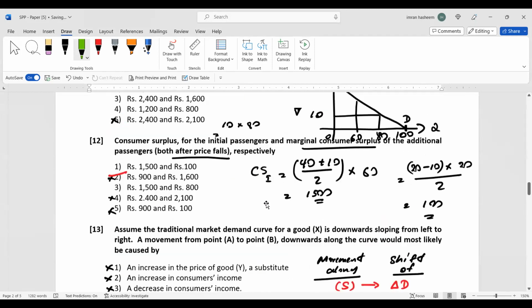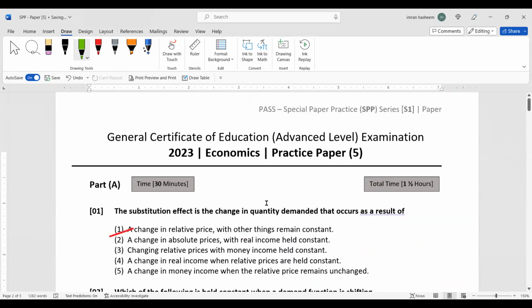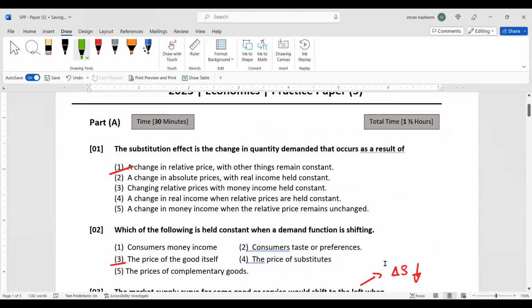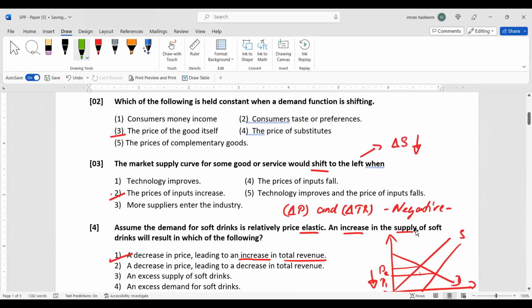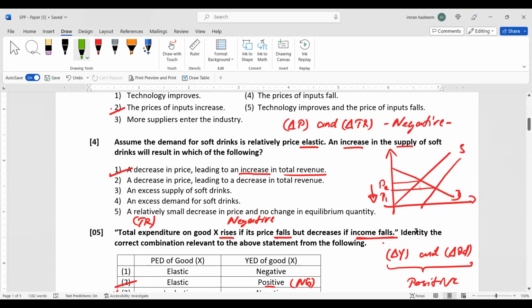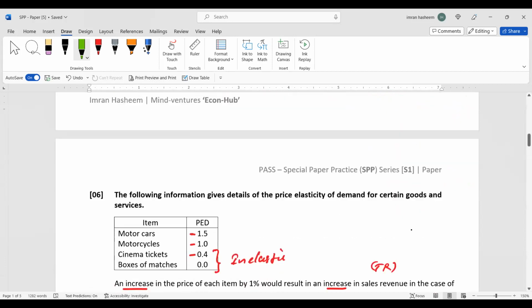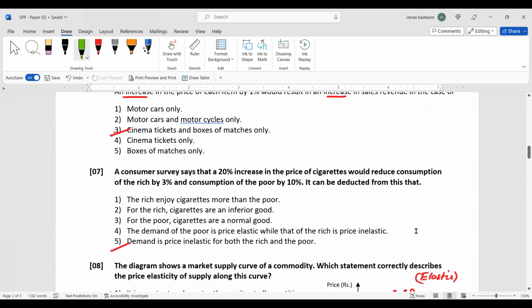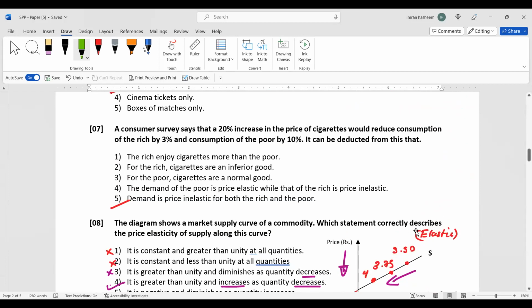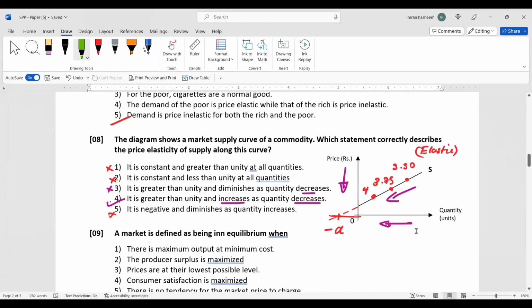I'm going to run through the answers one time, so please make a note if you missed anything. Okay. Question 1, answer 1. Question 2, answer 3. Question 3, answer 2. Question 4, answer 1. Question 5, answer 2. Question 6, answer 3. Question 7, answer 5.